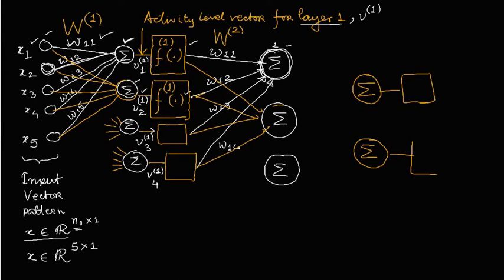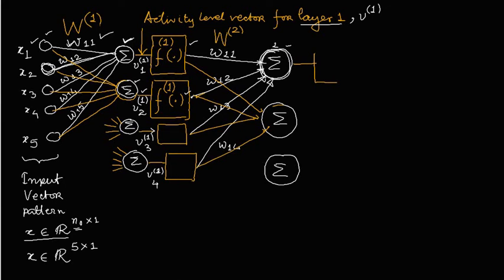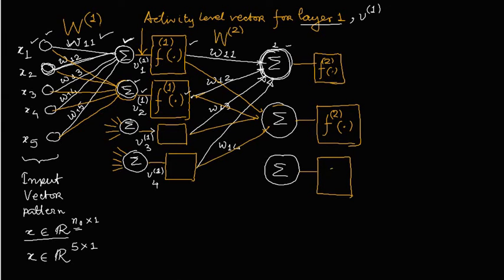Rather, we should first take here one activation function. First activation function should be considered here. This will be given superscript 2, and this will be represented as F2. These are the activation functions corresponding to second layer.